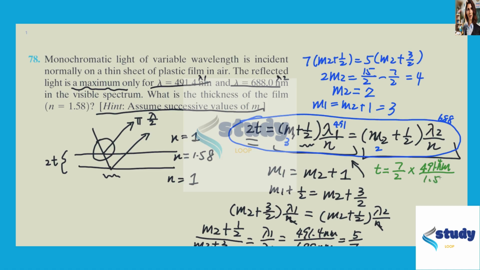And this is 2t, so for t, there is another 1/2. And that gives me t equals 544 nanometer. And that is the thickness of this thin film over here.